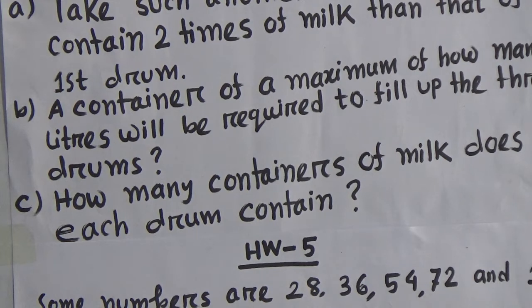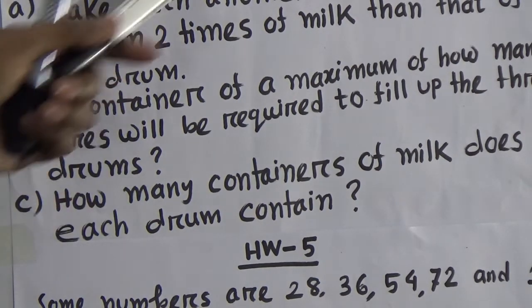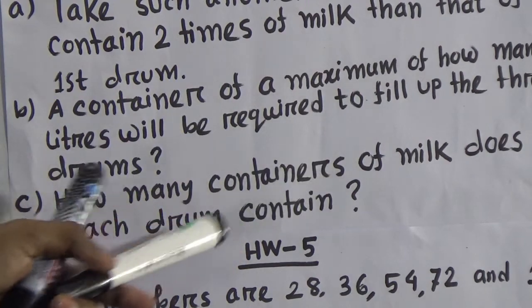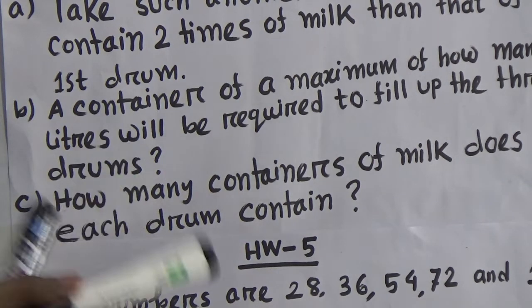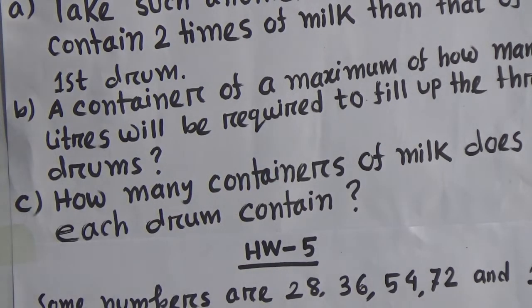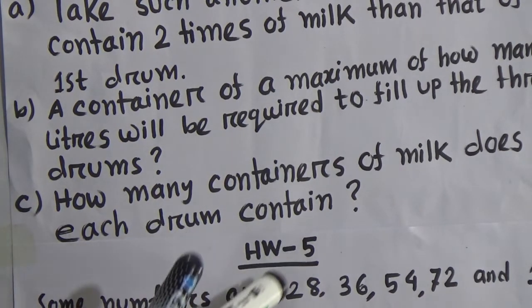Okay, already look, don't mix the questions. Suppose if you think, sir, first drum contains 225 liters of milk, second drum contains 375 liters of milk. No, your question is how many containers of milk does each drum contain.